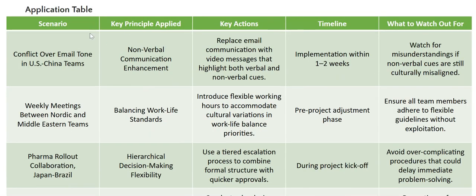Then we have the application table, with scenarios and, for each scenario, key principle applied, key actions, timeline, and what to watch out for. Scenarios: conflict over email tone in US-China teams, weekly meetings between Nordic and Middle Eastern teams, pharma rollout collaboration Japan and Brazil, preparing for multinational engineering projects.